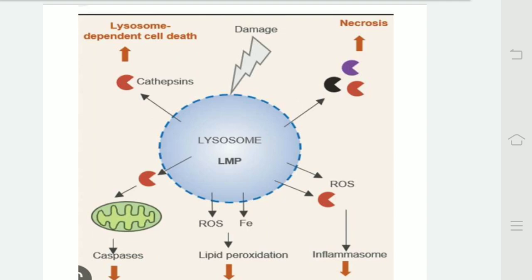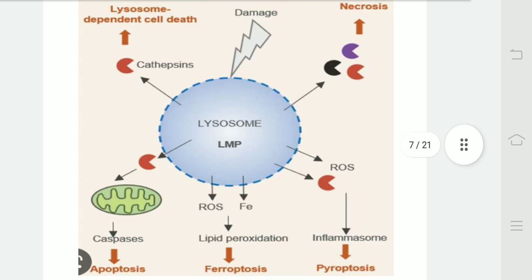In this diagram, we can see that after the membrane ruptures, the cells undergo lysosomal dependent cell death, caspase dependent apoptosis, lipid peroxidation, reactive oxygen species dependent inflammasome formation and necrosis.